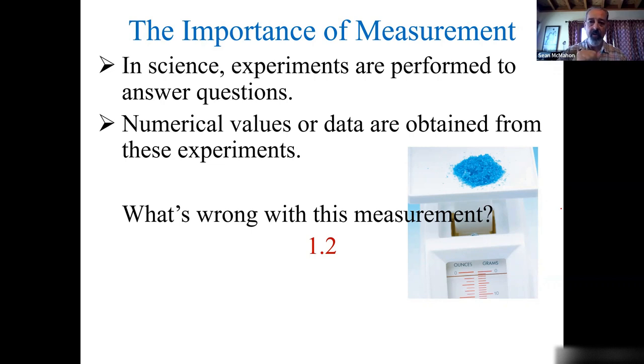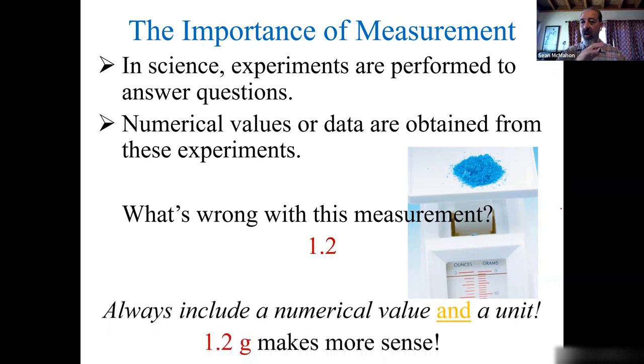Well, is it 1.2 inches? Is it 1.2, I don't know, feet? What is it? So in all of your measurements, you can't just have a number. That is a difference between math and science. You have to have a unit. The unit means everything. So if I told you I was 188, what does that mean?